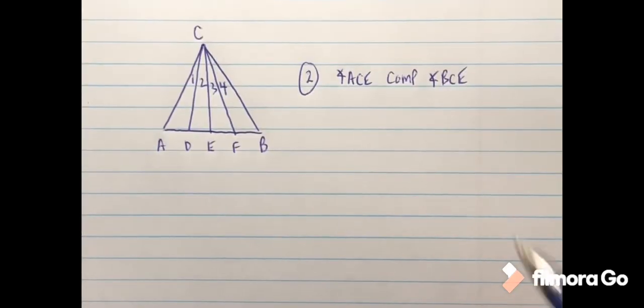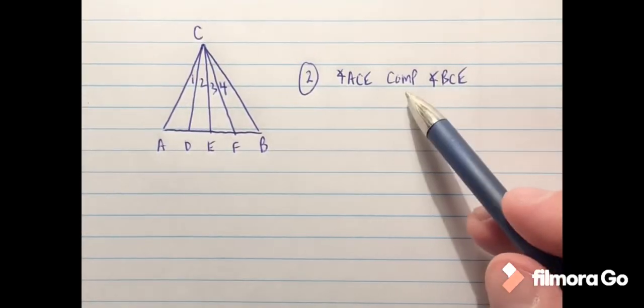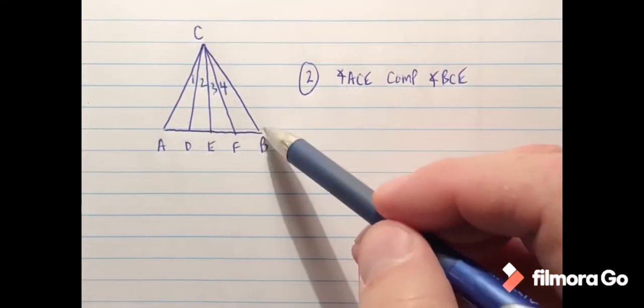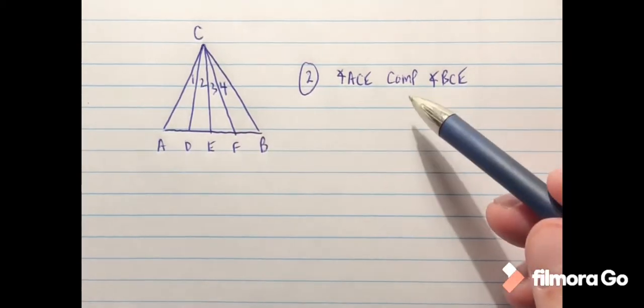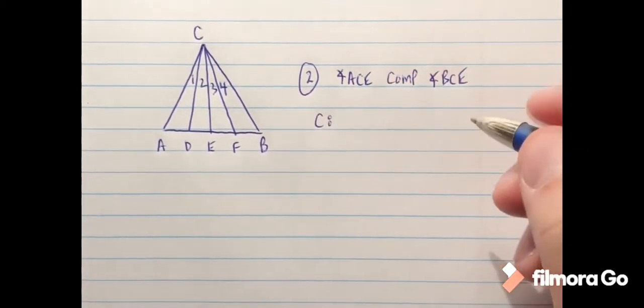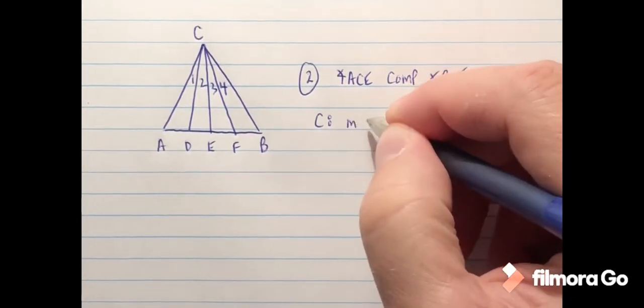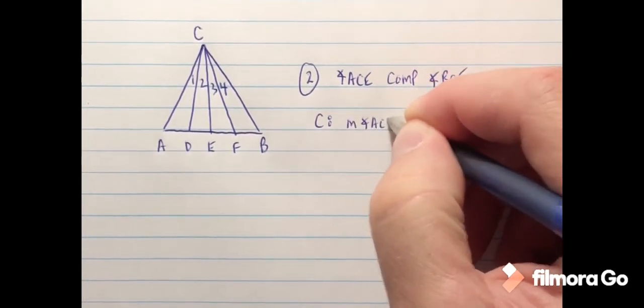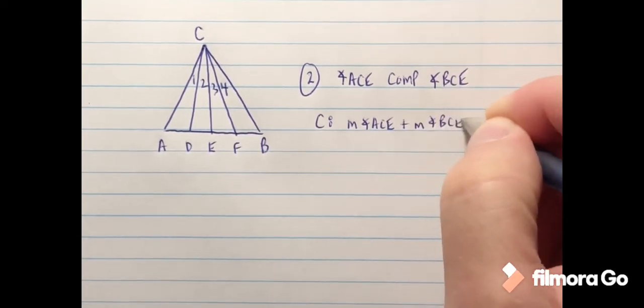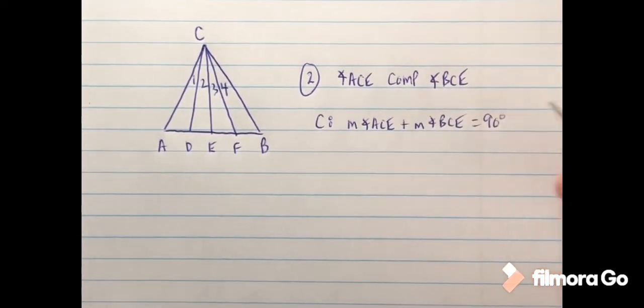In number 2, it says that angle ACE is complementary to angle BCE. ACE, BCE. Keyword is complementary. There are a couple of conclusions we can make here. Conclusion number 1, we can say that the measure of angle ACE plus the measure of angle BCE is equal to 90 degrees.